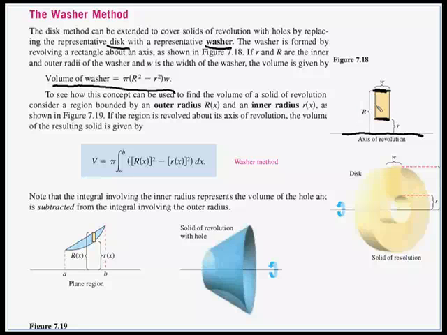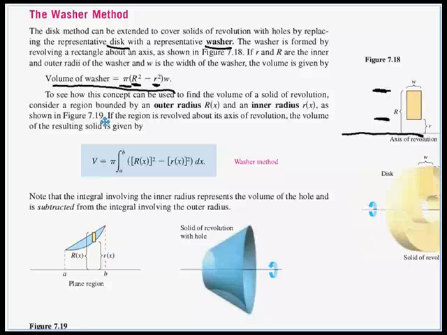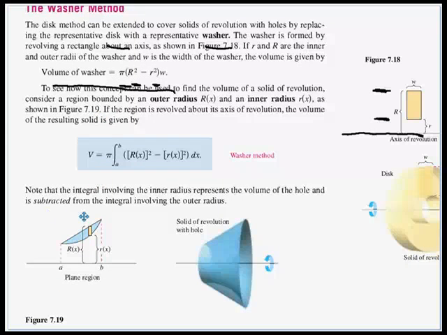Well, it's going to be pi r squared, and then we're also going to minus out this lower radius squared. So it's going to be pi times the quantity, bigger radius minus smaller radius, times the width of the disk. To see how this concept can be used to find the volume of a solid of revolution, consider a region bounded by outer radius, capital R of x, inner radius, lowercase r of x, as shown in figure 719 down here at the bottom.